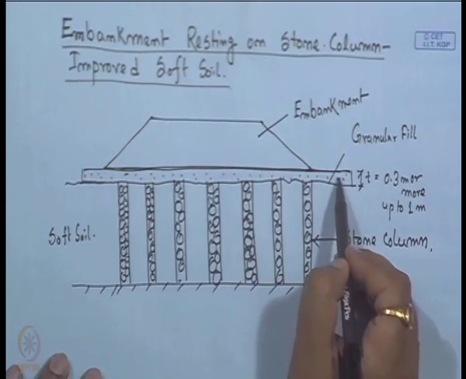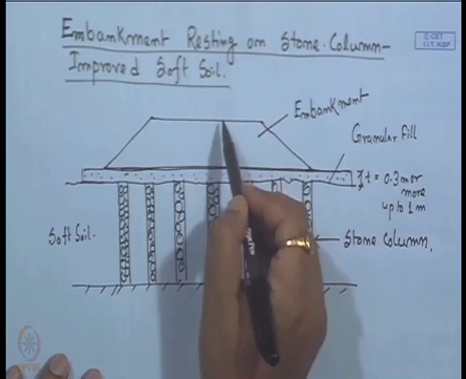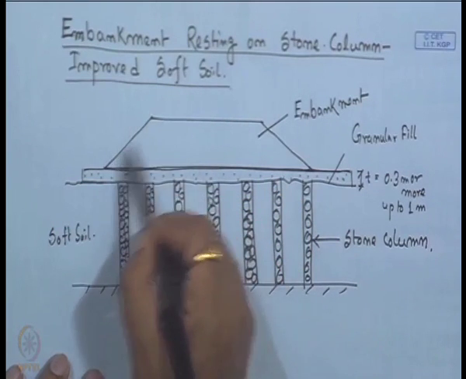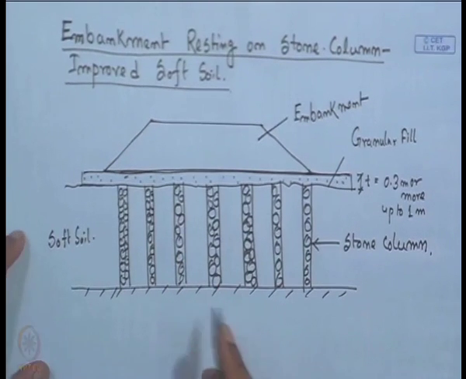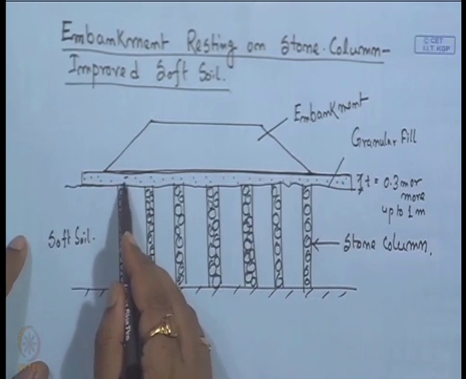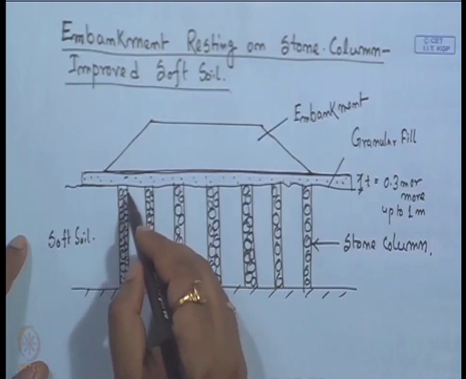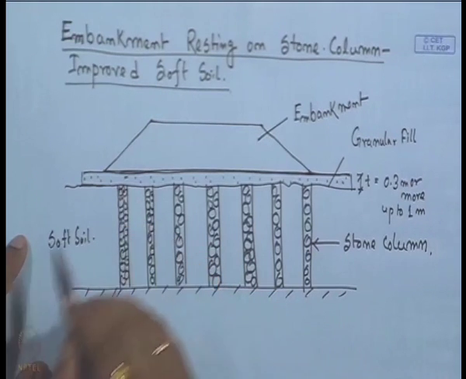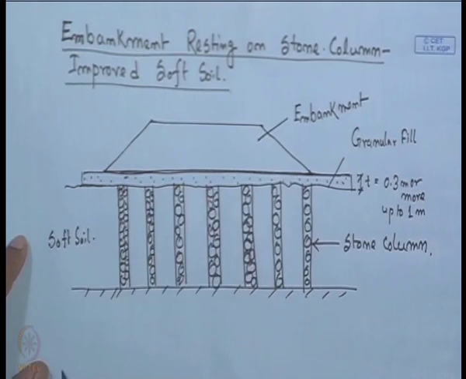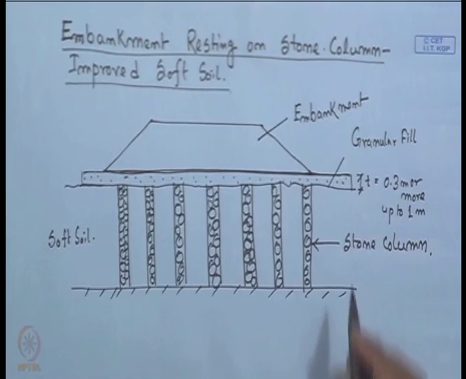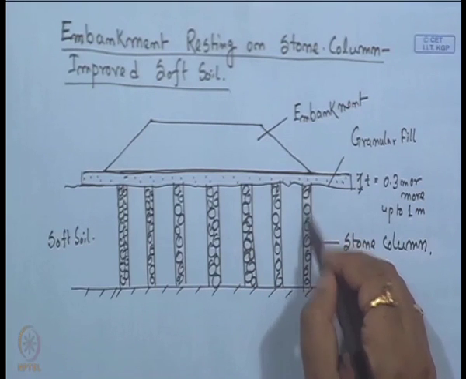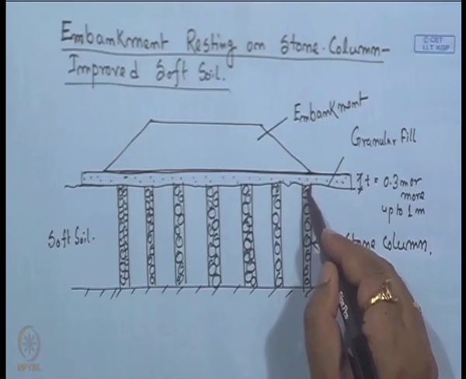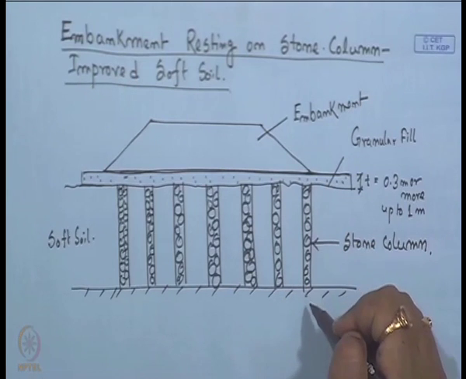We can use the granular fill also, and then above this granular fill layer we can construct this embankment. Now, what is the stone column and what is the purpose of these stone columns? The stone columns are columns in which stones are inserted into the soil. One method is that we can remove or replace this soil, and then insert stone into that replaced ground.